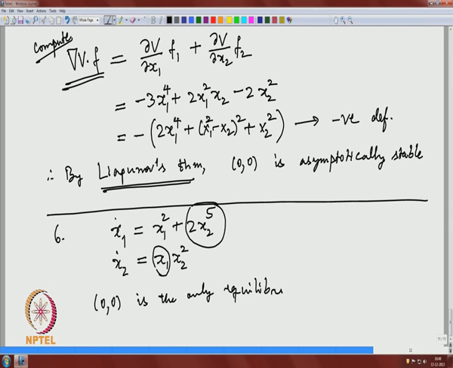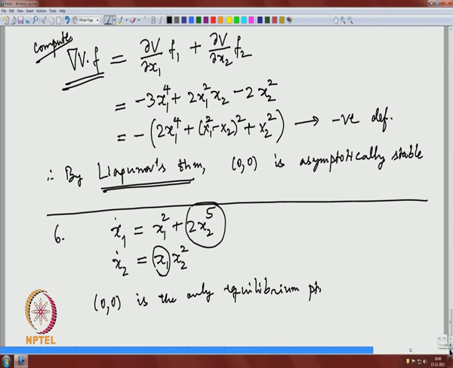Okay. We may expect, for example, here if x1 is negative, then for the second equation it becomes stable. Okay. So, we may expect that the 0 0 is unstable, but we cannot immediately see that.